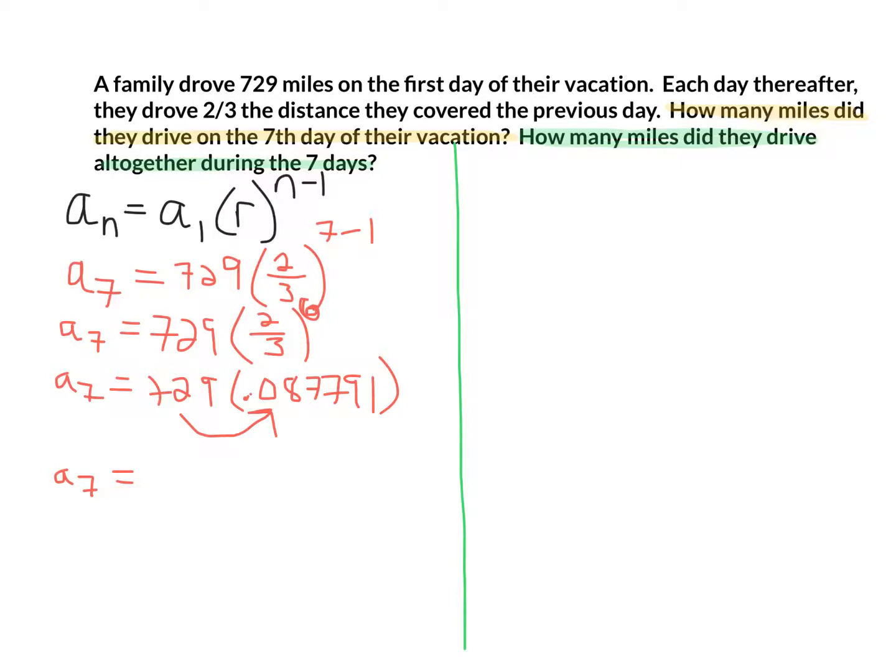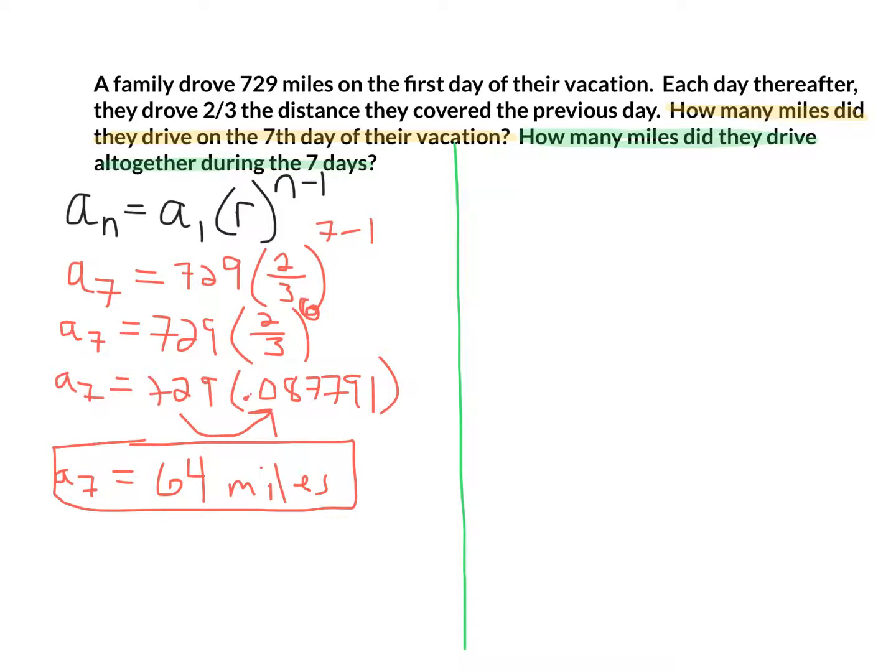So I'm going to just do times on my calculator because I have that decimal already in the calculator, by 729, hit equals, and I get 64. So that means on the 7th day of their vacation, they only went 64 miles. Okay, so that's part 1.